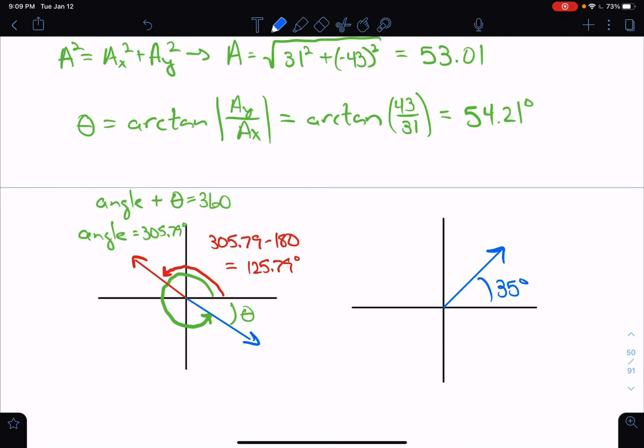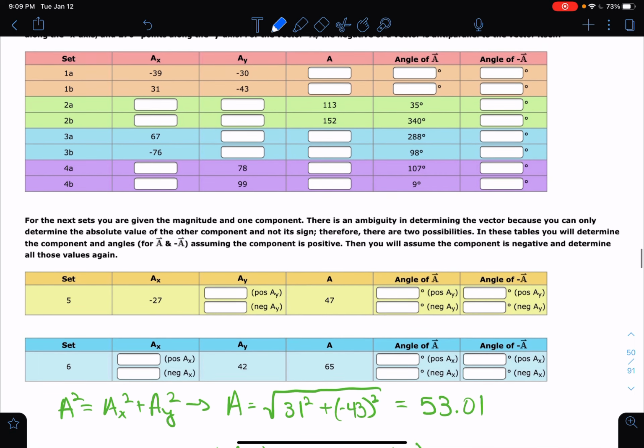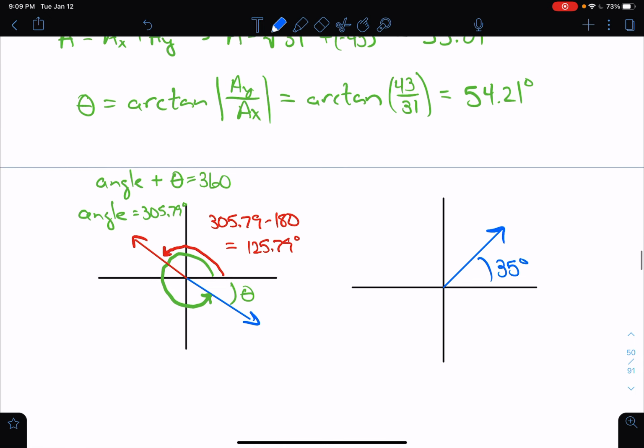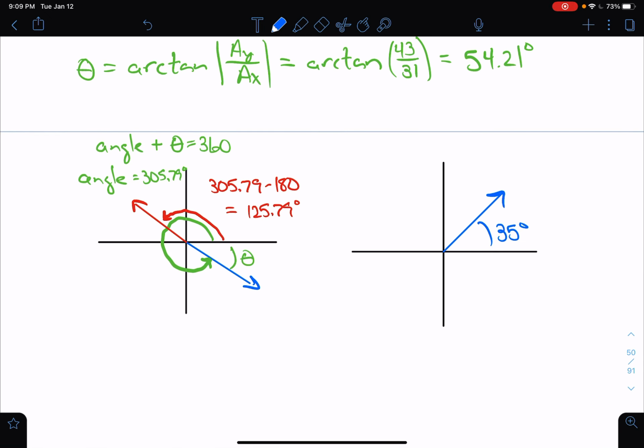Now I want to get the x and y components. So if I'm doing that, I need to get the magnitude. I didn't write that. Magnitude is 113. Okay, so I know that for the x component, that's going to be plus or minus a times the cosine of theta, and ay is plus or minus a times the sine of theta.